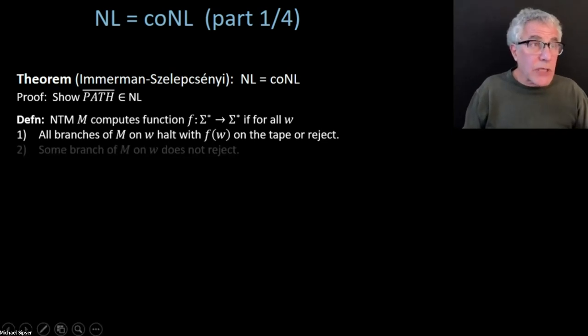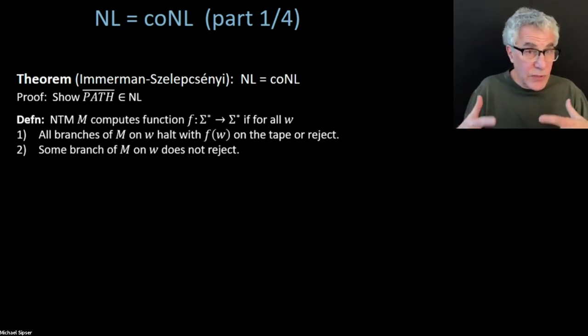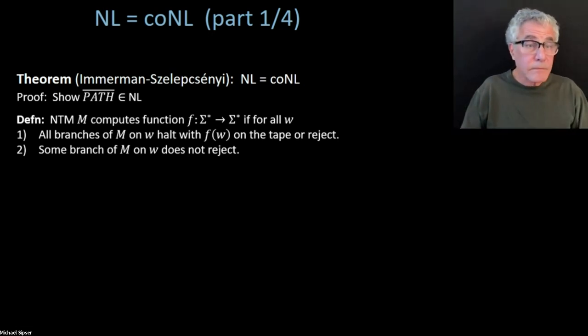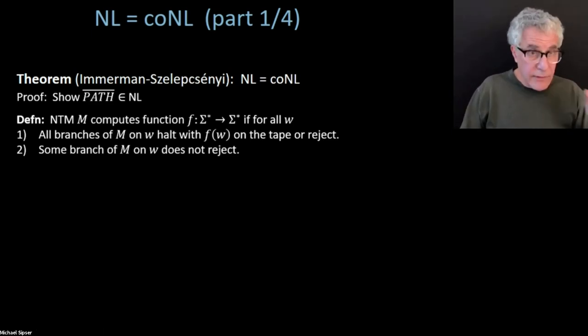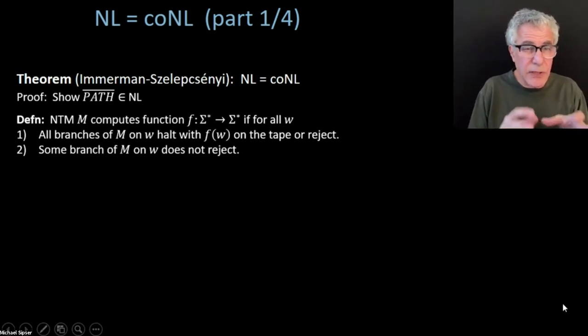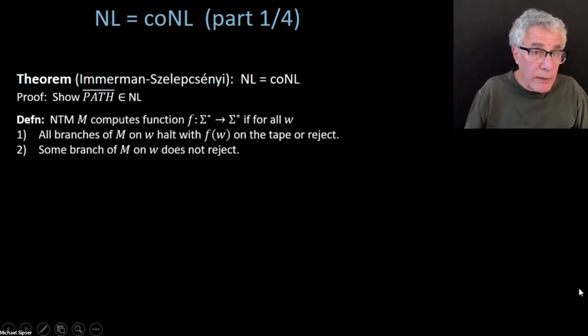The only other requirement is that at least one of the branches actually gives an answer. All the other branches can either give the answer or just punt. There's no notion of accepting here. There's just a non-deterministic machine on some branches giving the output value and other branches punting.